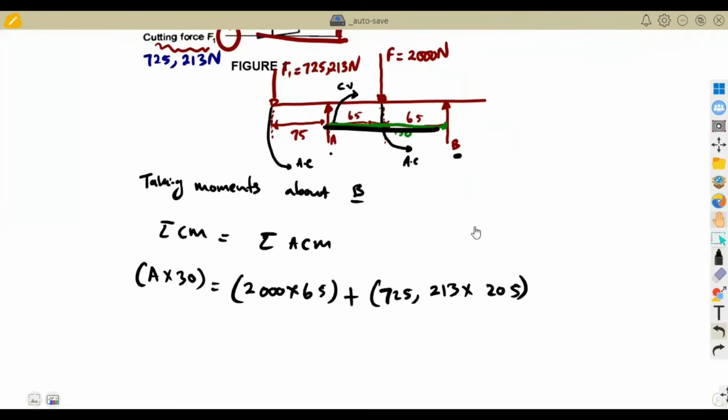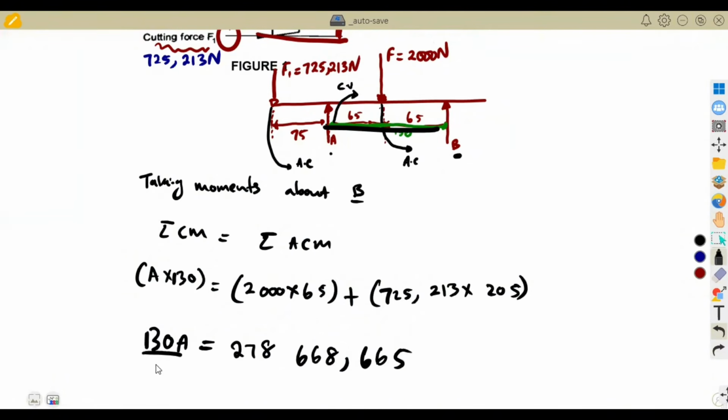It is your science. Okay, A times 130, that is 130A, is equal to, you combine everything on the right-hand side. Is this 30 or 130? 130, 65 plus 65, 130. You add everything on the right-hand side, and we are going to have 278,668,665.